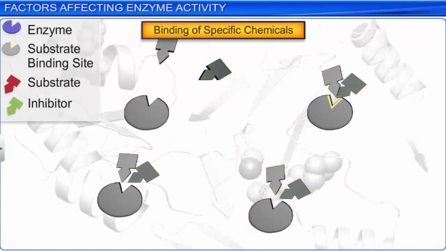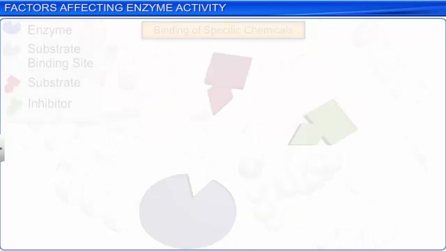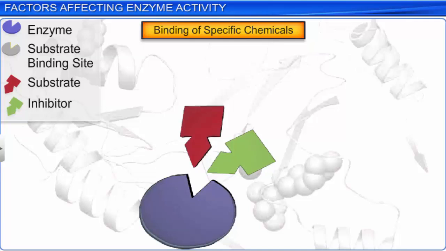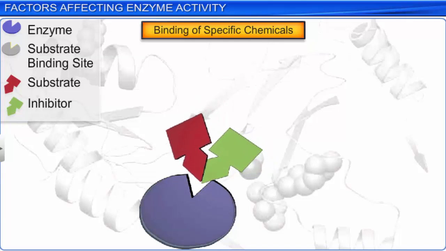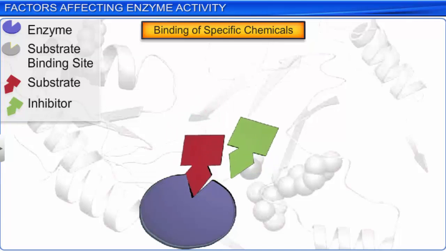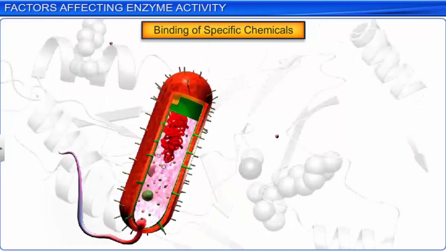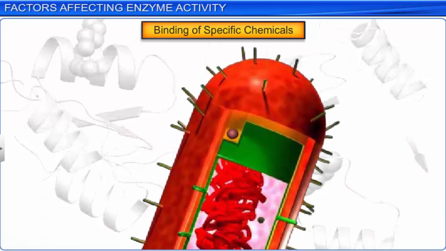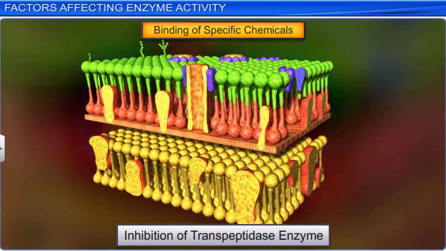As a result, the substrate cannot bind and enzyme action is reduced. For example, penicillin binds at the active site and inhibits the transpeptidase enzyme that cross-links the peptidoglycan strand to form the bacterial cell wall.